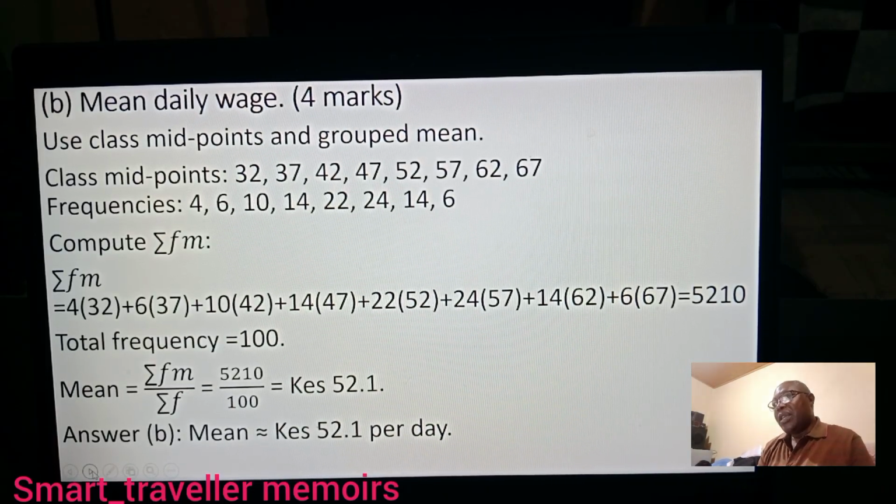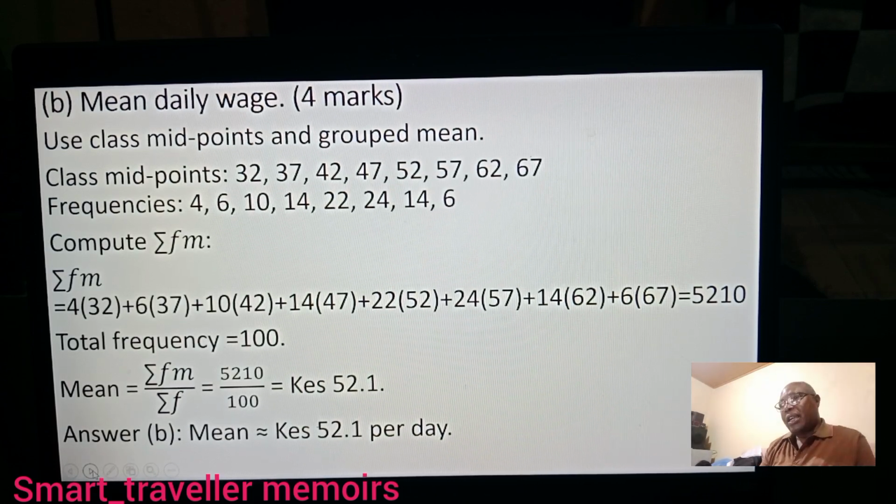Remember, when we say 4 times 32, we are saying there are 4 32s, and when we say 14 times 62, we are saying there are 14 62s. When you do the computation, you get 5210 again, the way we got there.